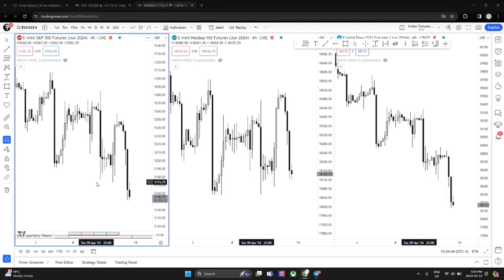The decision must come from this sequential SMT. That's the base of everything. So you can buy failure swings if there's sequential SMT, like here. Then expect price to go higher in that direction.